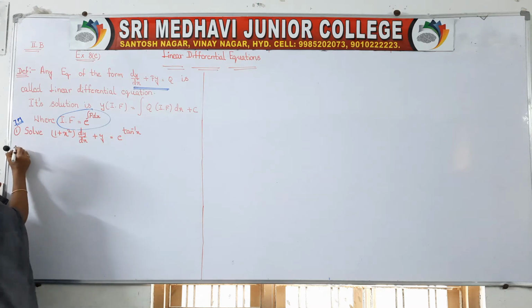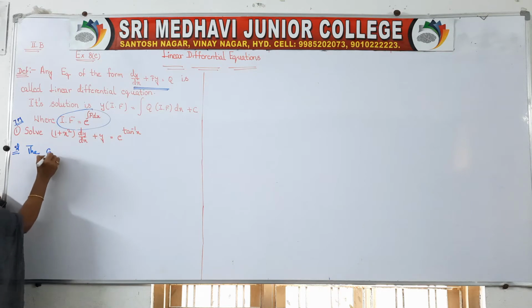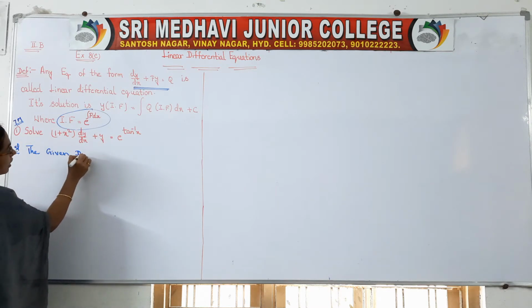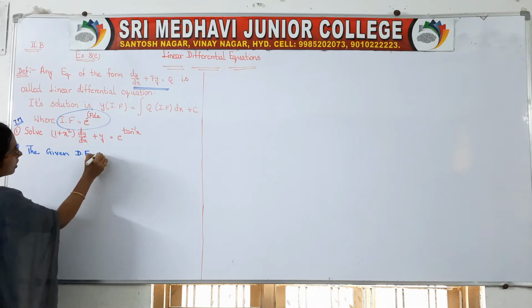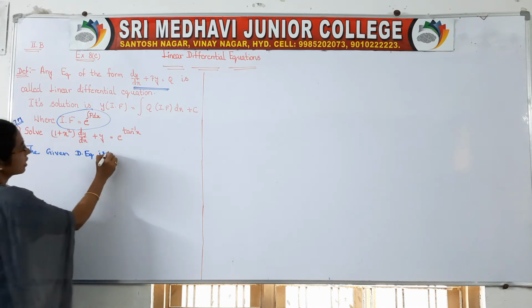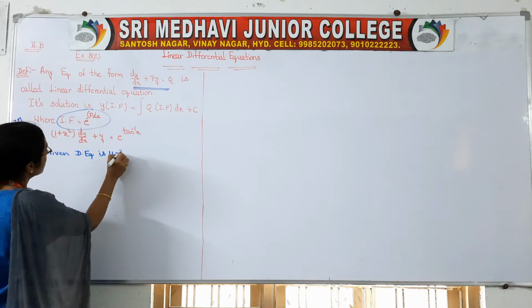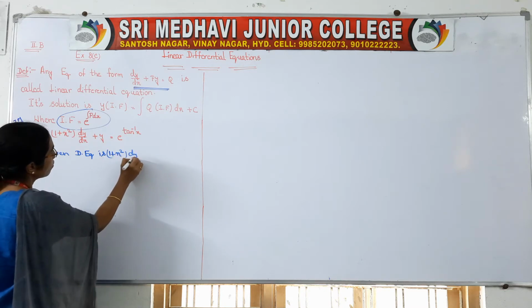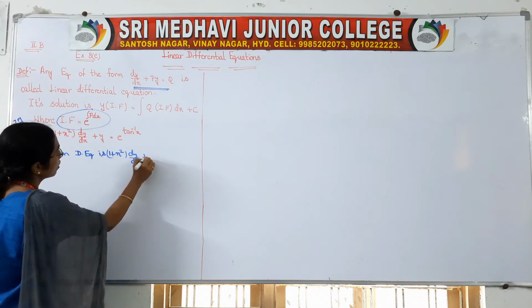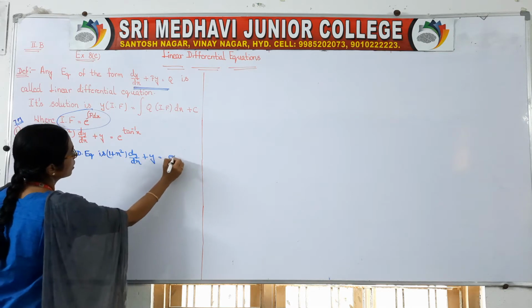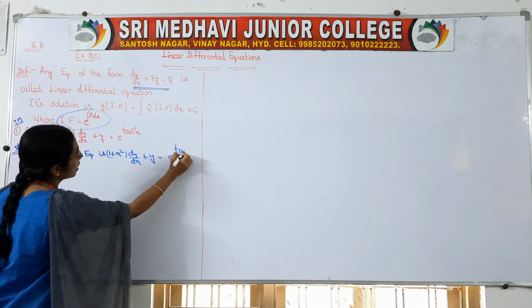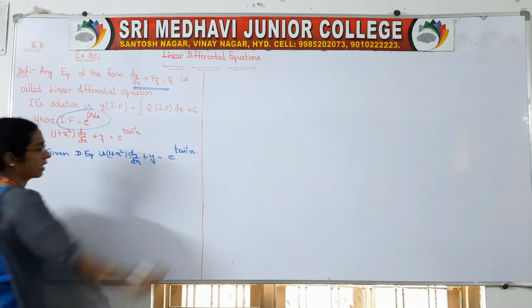The given differential equation is 1 plus x square dy by dx plus y is equal to e to the power of tan inverse x.